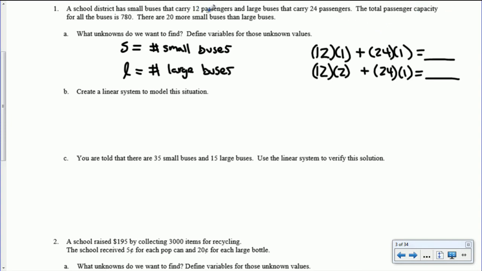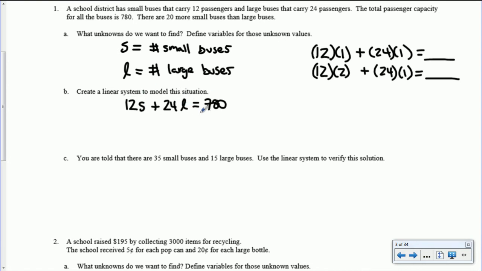So in this situation, we don't know how many small buses and we don't know how many large buses, but we know their combined total has to make 780. So 12 times the number of small buses plus 24 times the number of large buses need to add up to 780. Okay, and then these numbers will adjust.